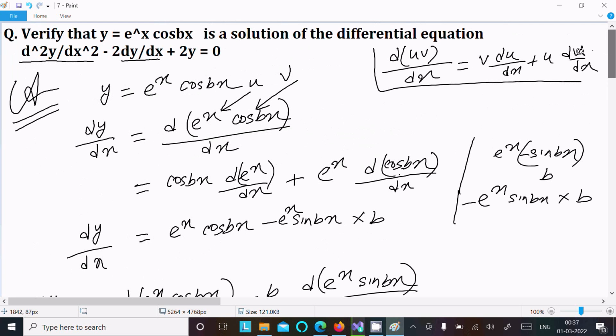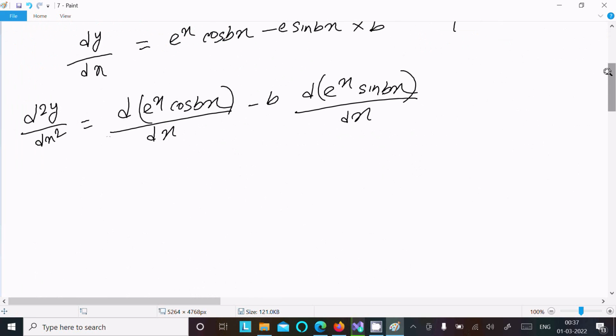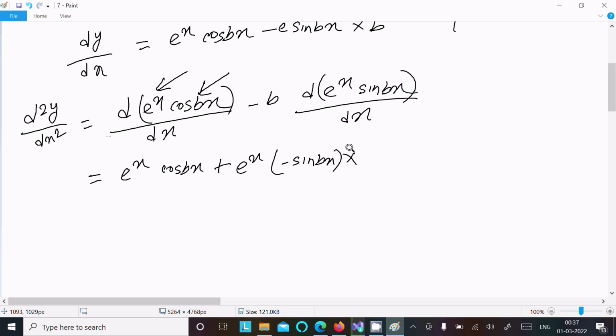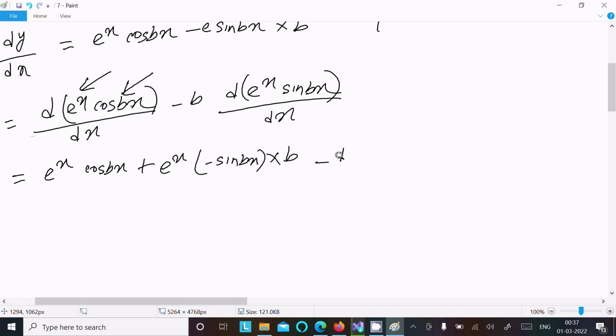So again we need to apply it like this. First, e power x differentiation I'm going to do. So e power x only, cos bx, and plus e power x and doing the differentiation of cos bx. So cos bx differentiation is minus sin bx, and bx differentiation is b, and write b.